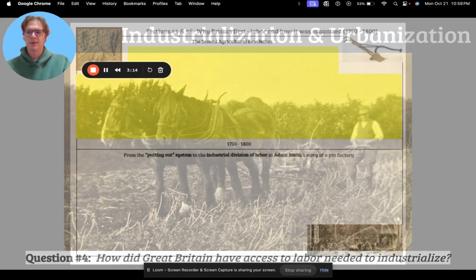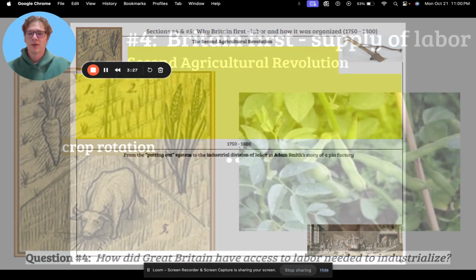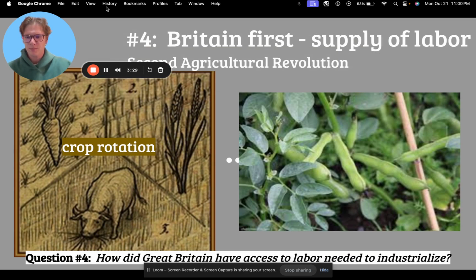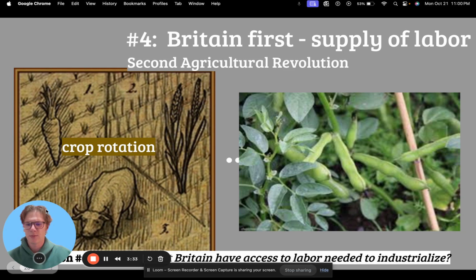Okay, so as we move on, we'll be on the top of our packet, on the section that's titled "The Second Agricultural Revolution." Right, look for the thing that says question number 4. So this brings us here, right?